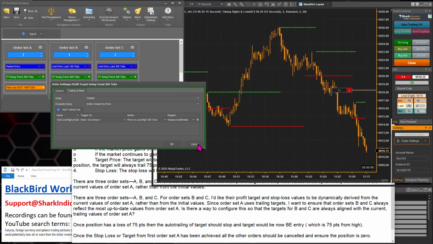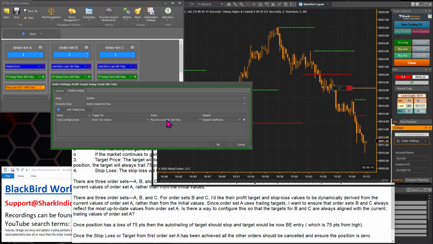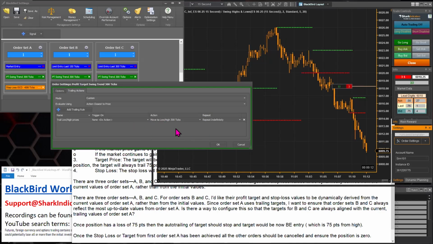So once we have this simple trailing here where we're just moving it based on whatever the highest high price is or lowest low price is, right? Each profit target, each trailing rule is going to see the exact same high and low prices, right? So this is going to guarantee that the profit targets are all in sync.